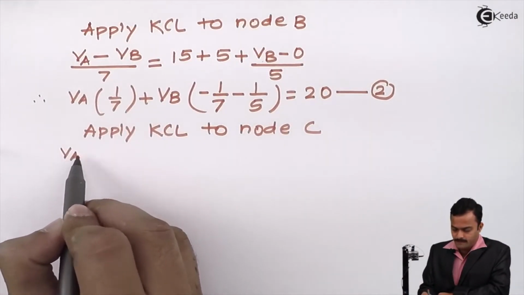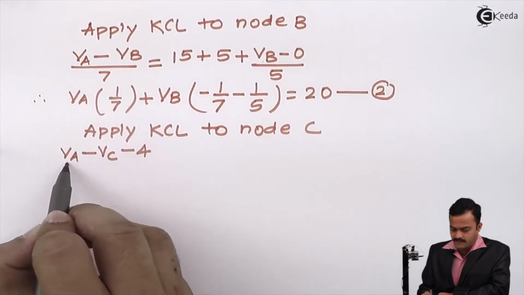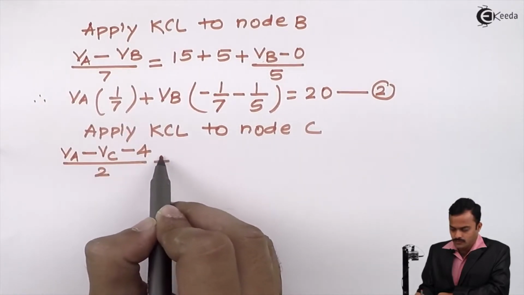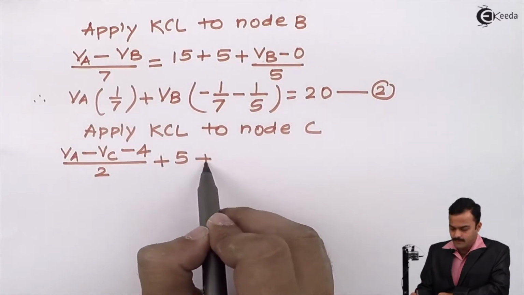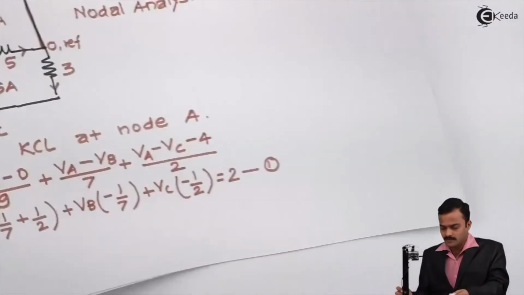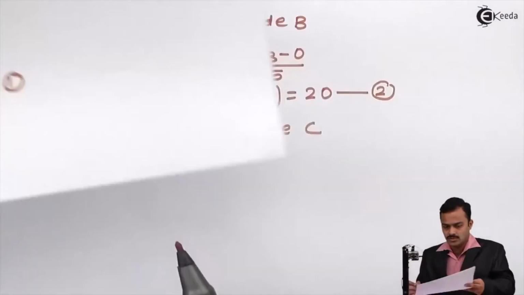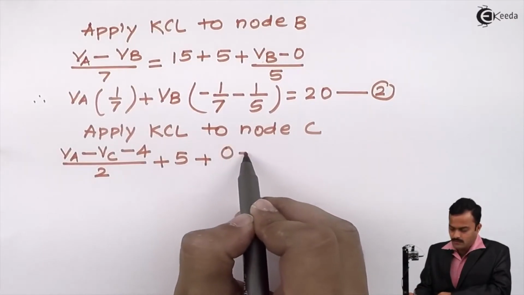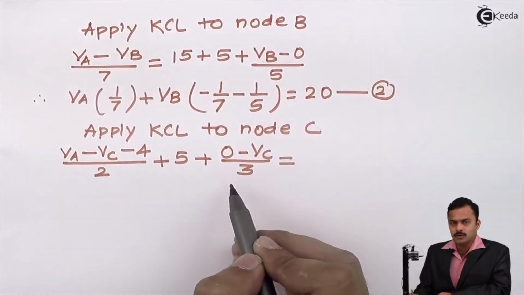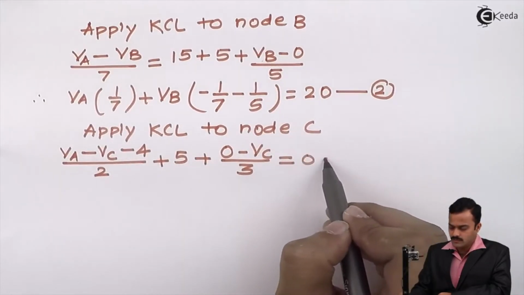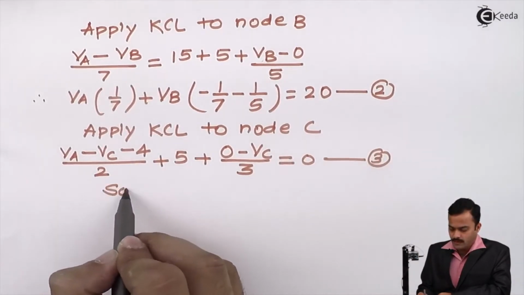So it is VA minus VC minus 4 divided by 2 plus 5 ampere current source as it is, plus for this 3 ohm, it is starting from 0 ending on VC. So the equation will be 0 minus VC divided by 3, since no outgoing current, so equal to 0. Equation number 3.